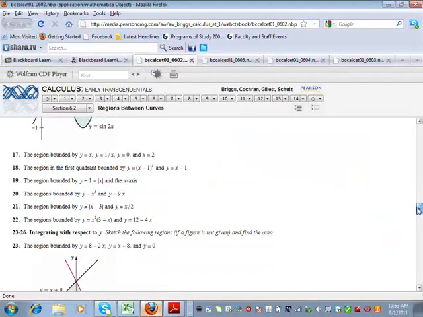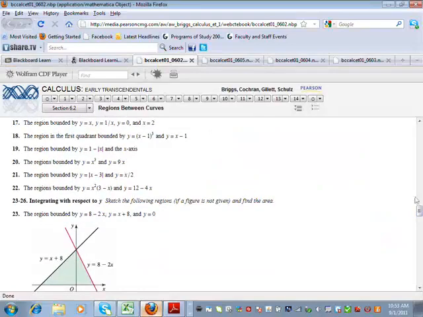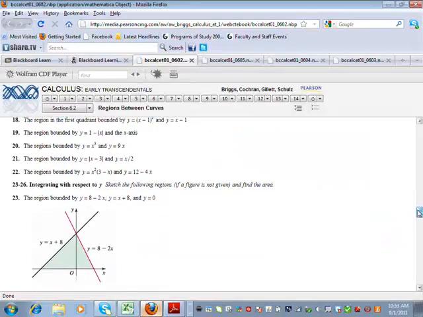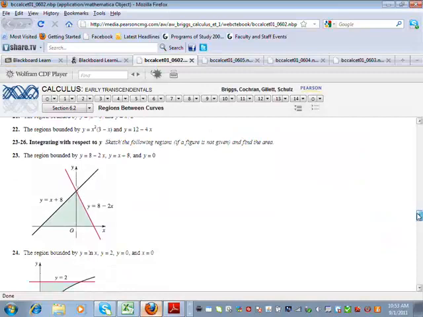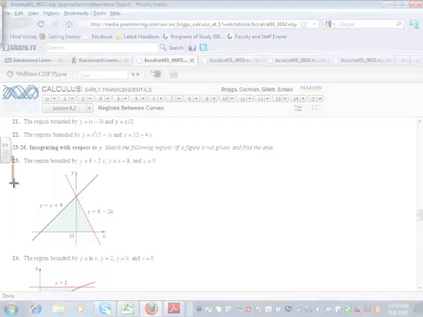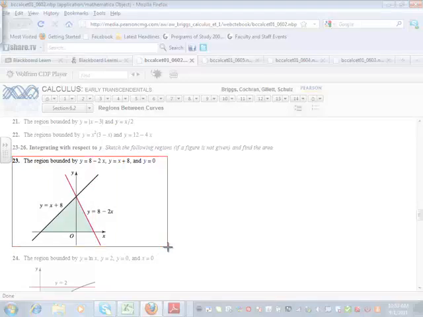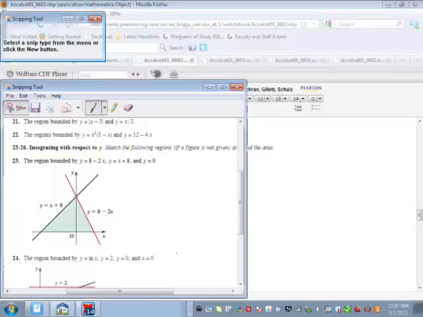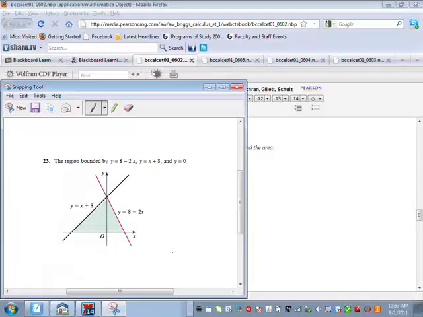Okay. Right, so more graphing on your own, and then they claim these are with respect to y. We'll do a couple. With respect to y, x plus 8. I'll take this one. Here, one graph is certainly not above the other. One is to the right of the other, and therefore, we're going to integrate with respect to y.